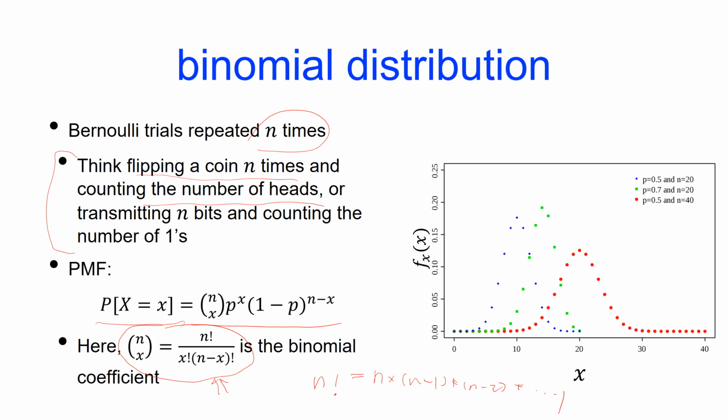So if I put n coins on my table, I ask you, how many ways can you take x of them? I will say, okay, first, let me take my first coin. I have n coins on my table, so I have n ways to pick my first coin. Then I try to get my next. How many ways are left? n minus 1, right?